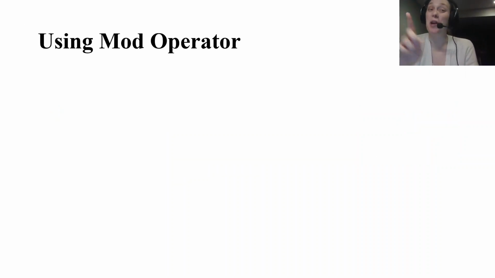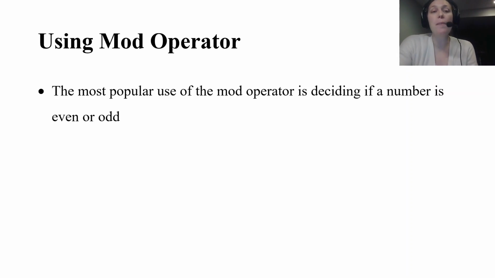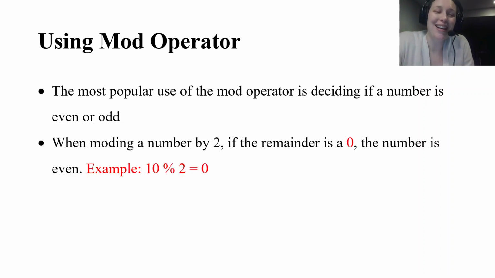Okay. So sorry, back to using the mod operator. The most common way is trying to decide if a number is even or odd. Maybe the number the user inputted, or whatever variable you have, and you want to decide if it's even or odd. Making that decision is using the mod operator. Okay? When dividing a number by 2, if the remainder is 0, that number is even, right?